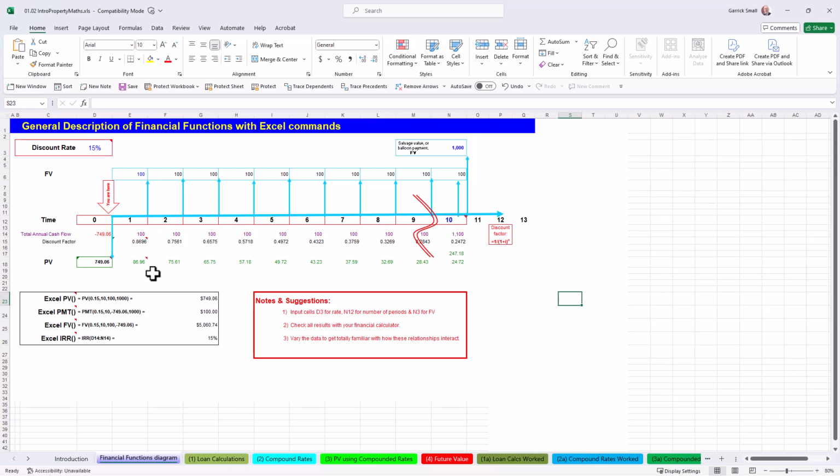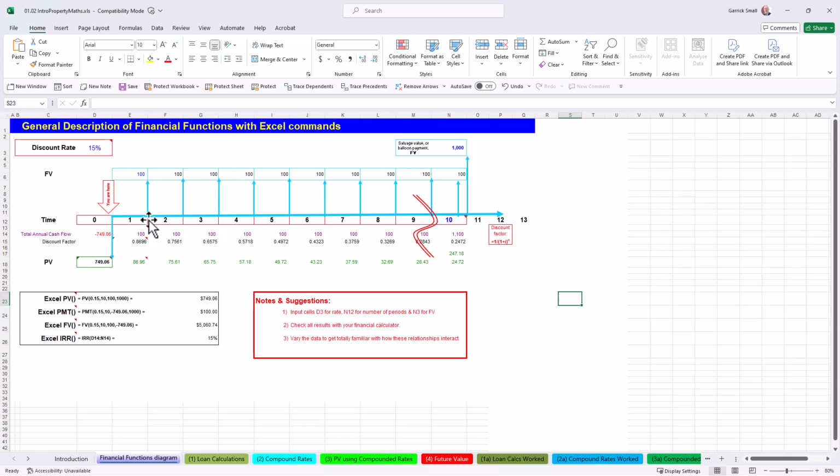It's a horizontal line which represents time, starting at time naught. You'll remember from business finance that the standard convention with annuity calculations is that the cash flows occur at the end of each time period. And so at the beginning of the project, we're at the end of time 0, and we're assuming that in 12 months' time, one period, we're going to receive, in this case, a cash flow of $100.